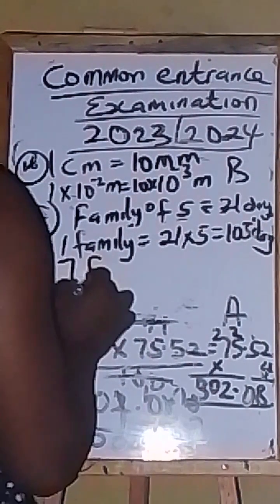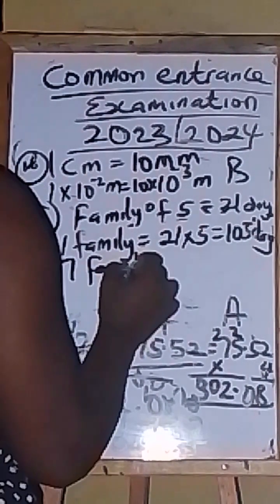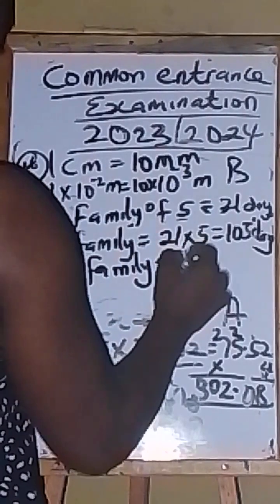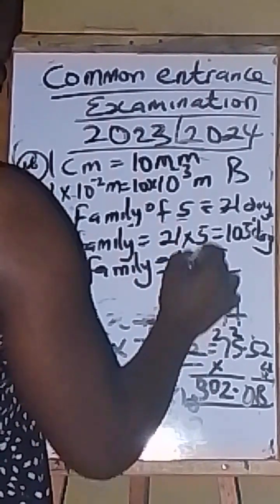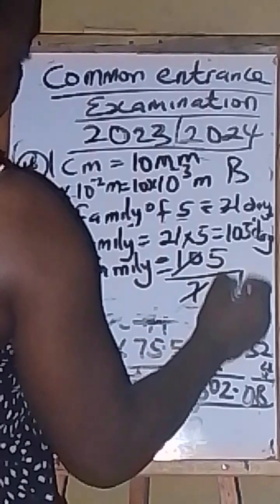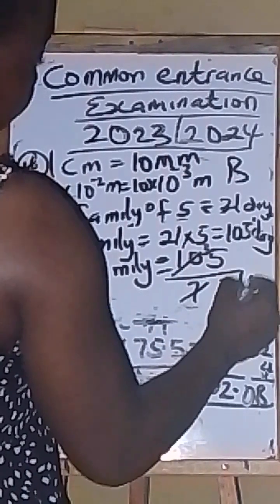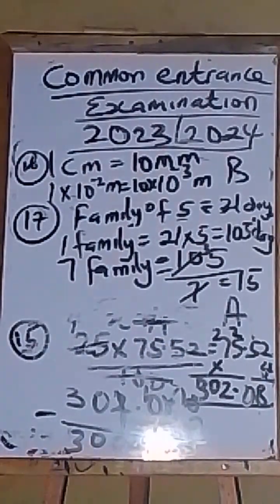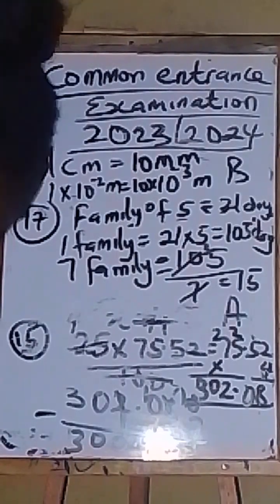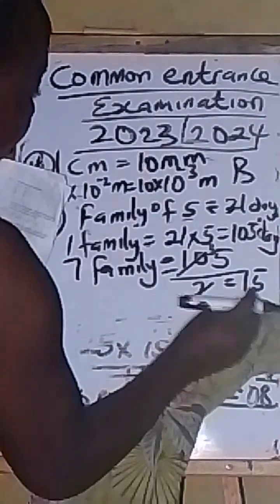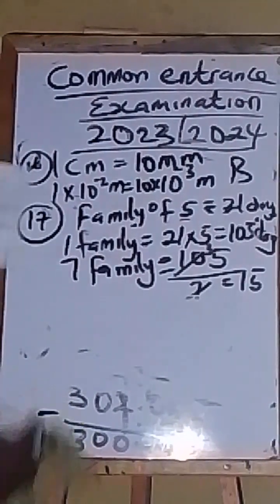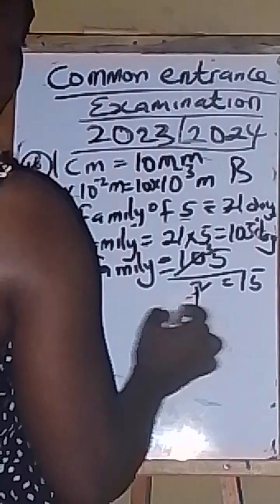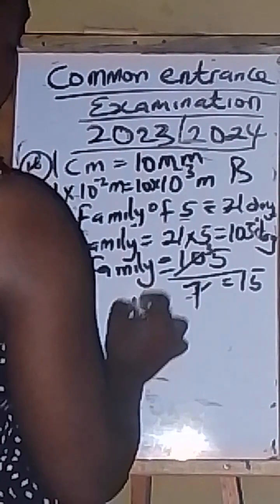This is inverse, not direct, so we divide it by 7. So this is 15. It will last 15 days.